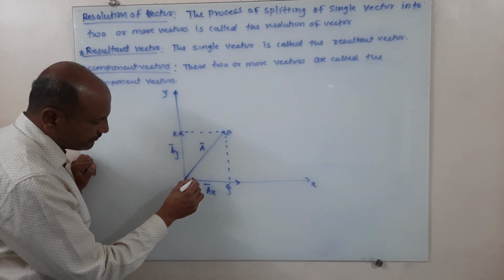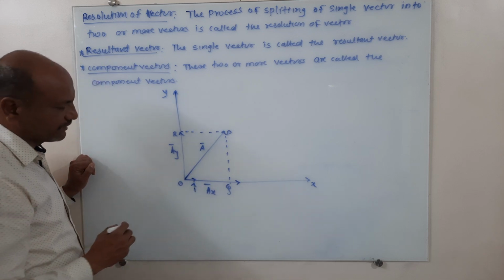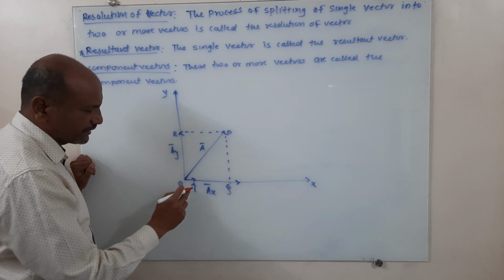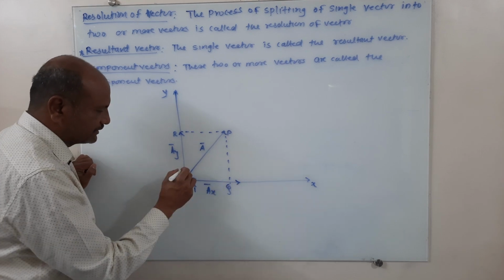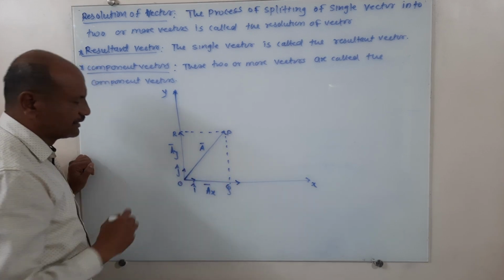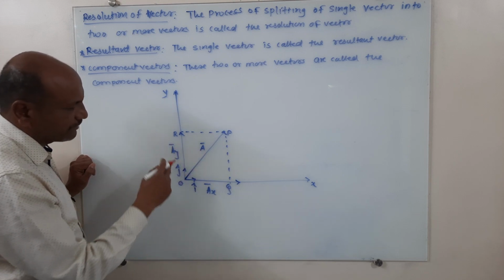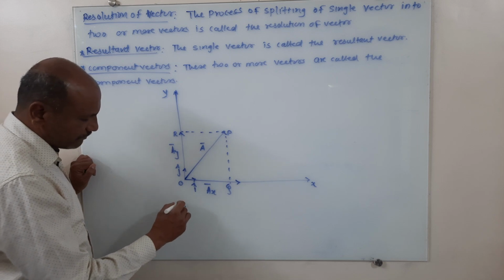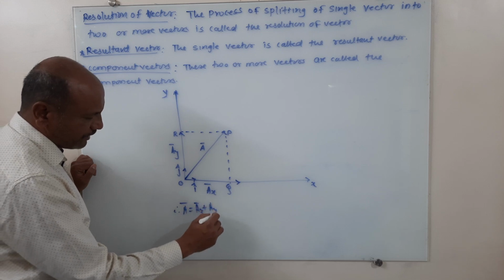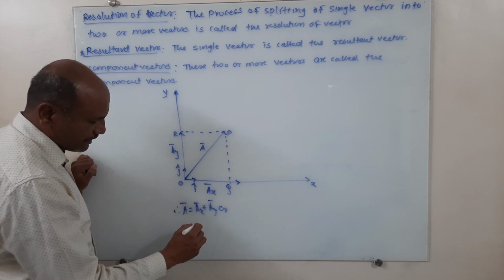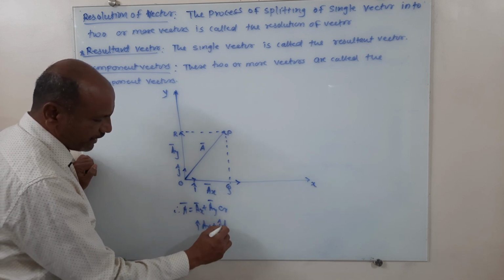Let i cap be the unit vector directed along x direction, j cap the unit vector directed along y direction. And therefore, A bar is equal to Ax bar plus Ay bar, or i cap Ax plus j cap Ay.